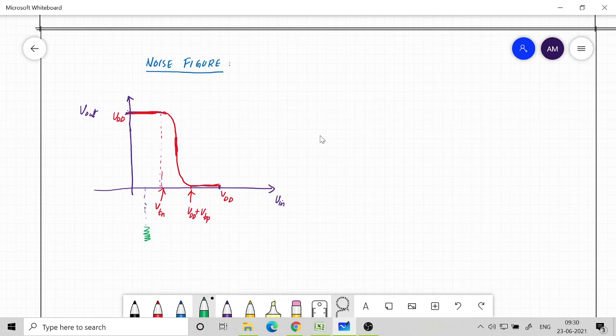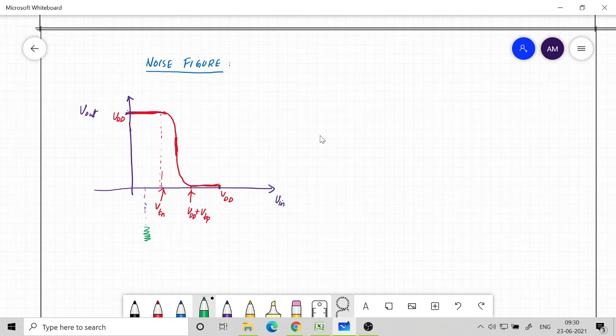What is the effect of that noise at the output? Absolutely no effect. Why? Because output voltage is steady, VDD. Even if it is varying here, it doesn't have any effect. So the noise is not coming at the output. Even if the input has noise, the output has no noise. This is one of the advantages of digital circuit.